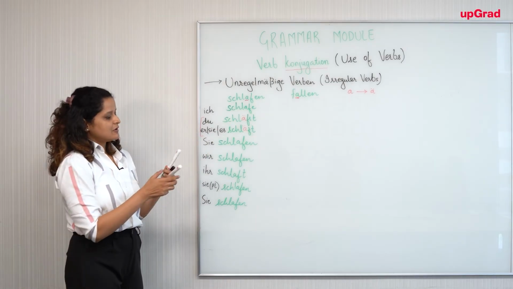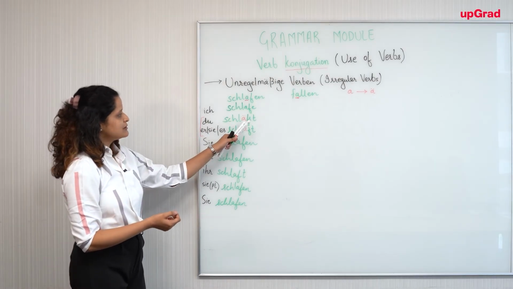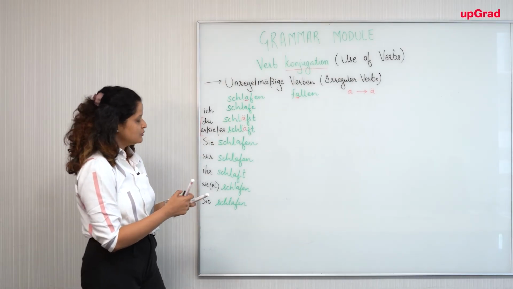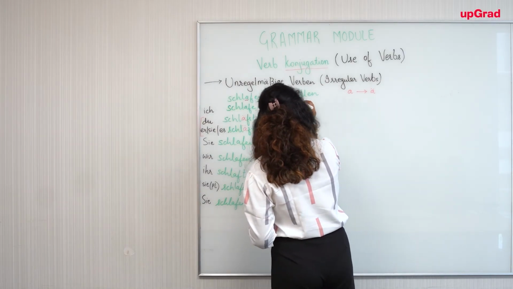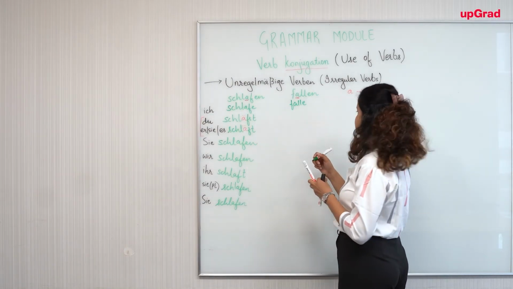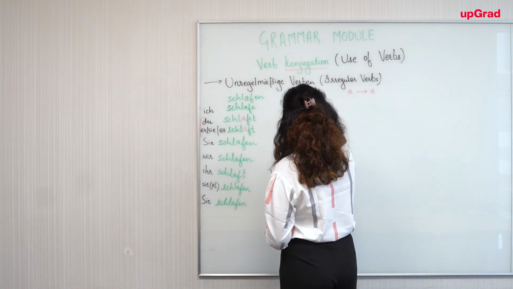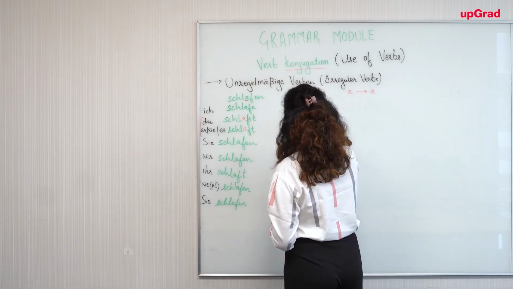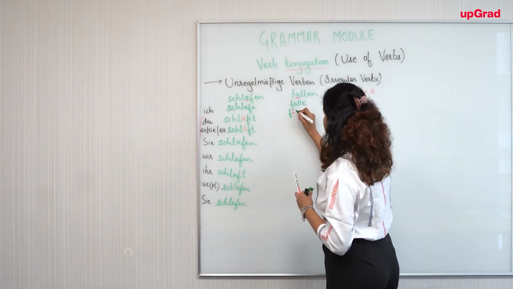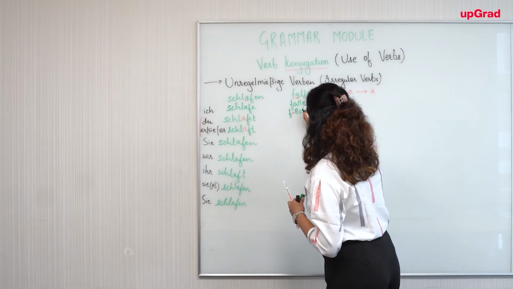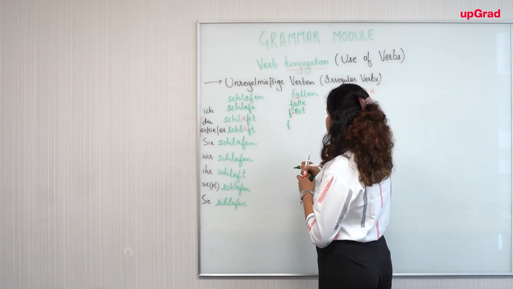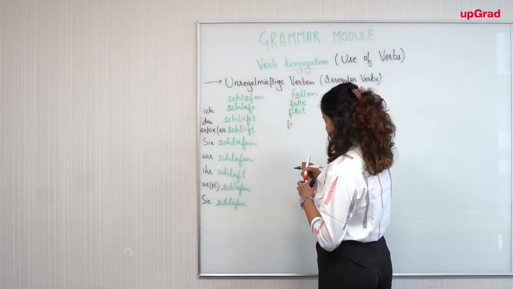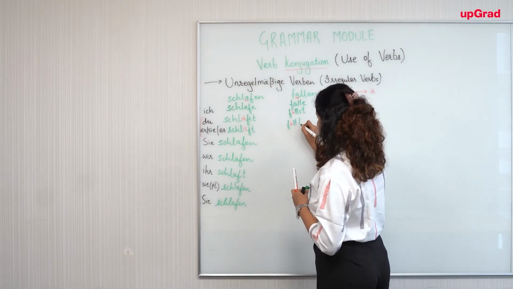Now similarly, the conjugation of fallen will also have an umlaut at du and er/sie/es. So the conjugation becomes ich falle, du fällst with an umlaut, er/sie/es fällt.